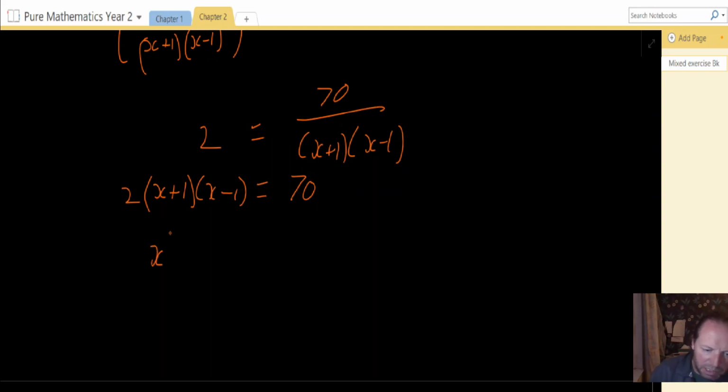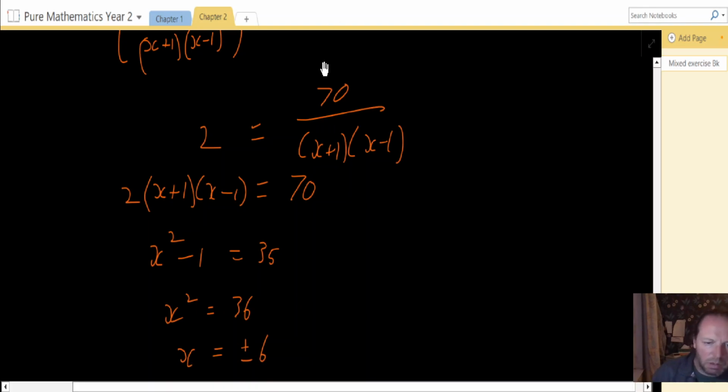We know the brackets expand to x squared minus 1 is equal to 35. So x squared is equal to 36. And so x is equal to plus and minus 6.